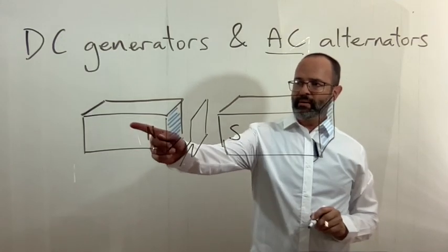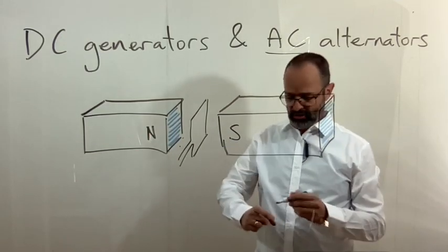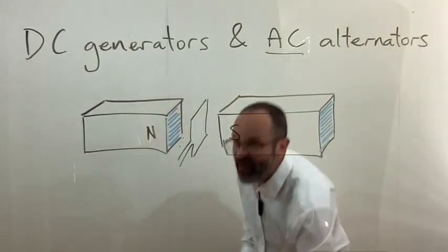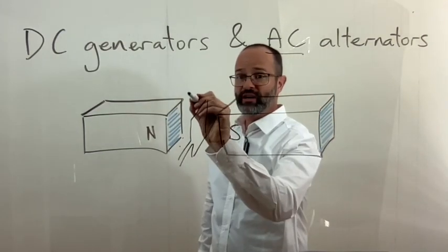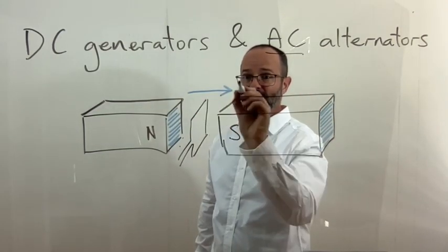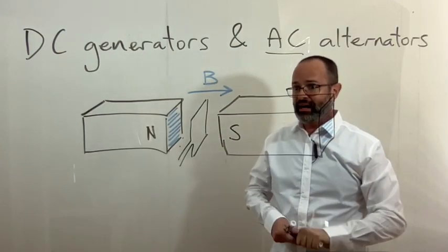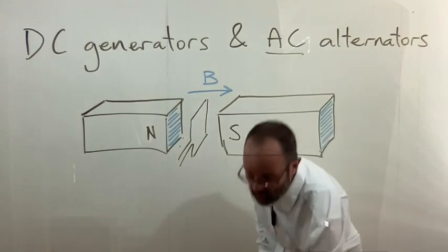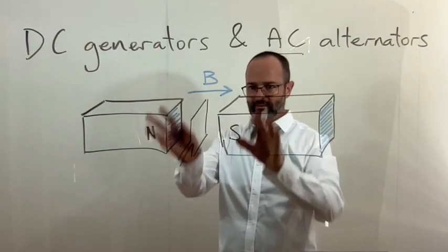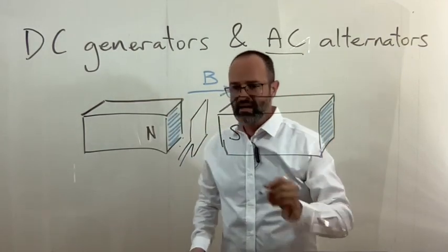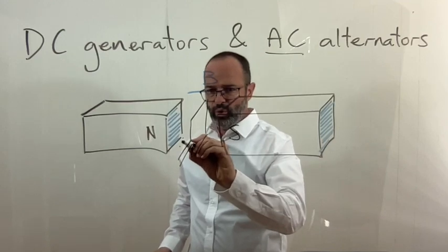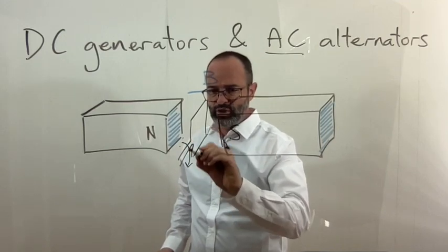So the magnetic field, the B field, will be going from this side to the other side, and these lines we draw we call flux, and they are going through the coil or threading it. I won't draw them in because it'll make it too cluttered. And this whole coil arrangement is turning.